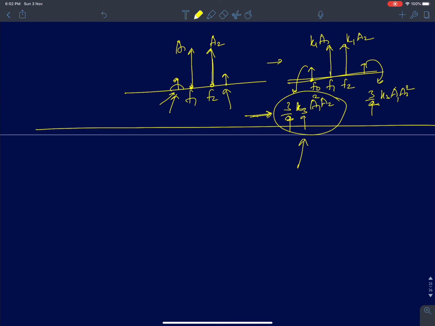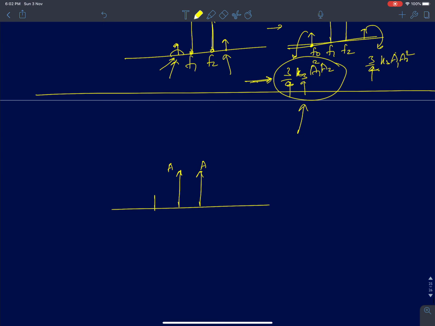Now if I feed two interferers of exactly the same value, A and A, then the amplitude you will be receiving because of the intermodulation (IM) term is going to be 3/4 k3 A cube, and this will also be 3/4 k3 A cube.